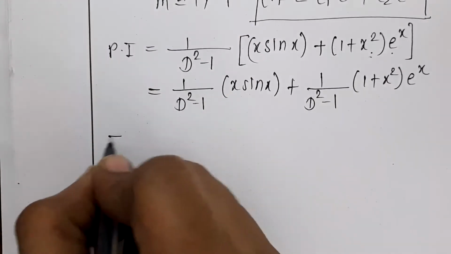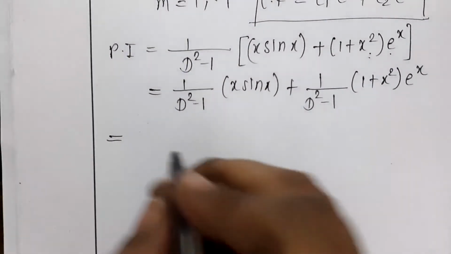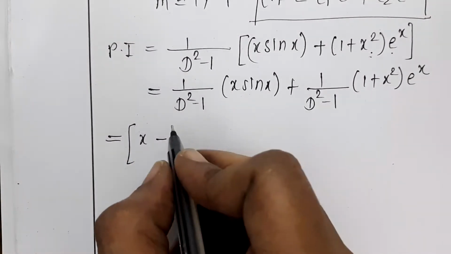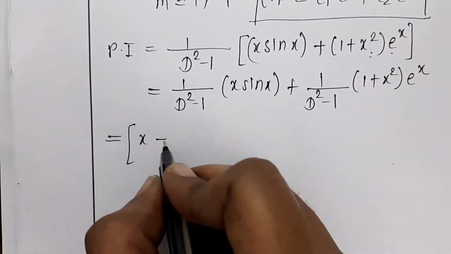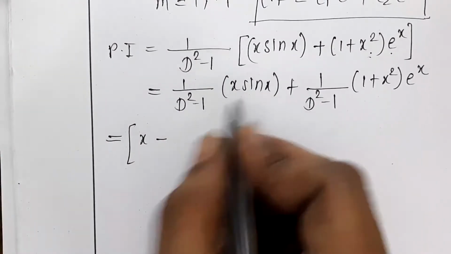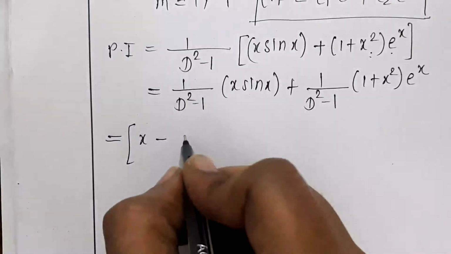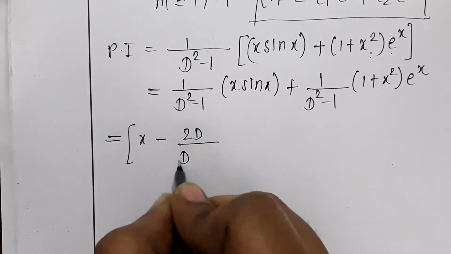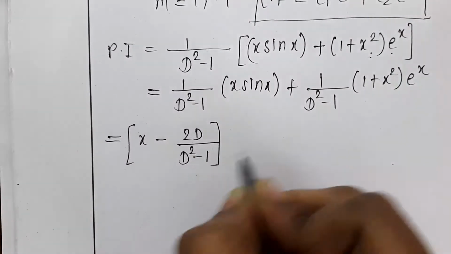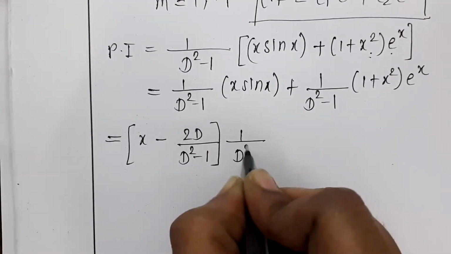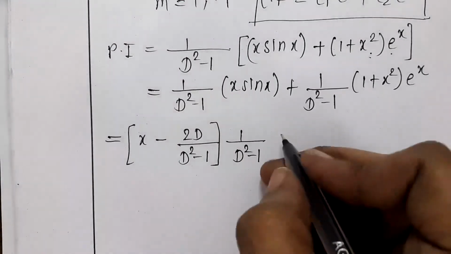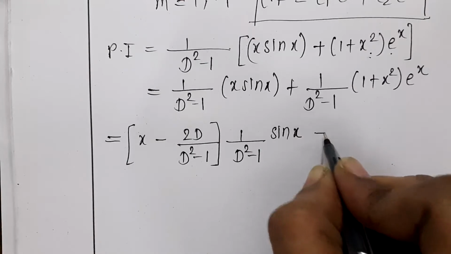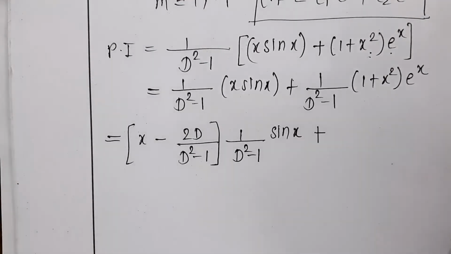So this is equal to 1 upon. Now what is case number 6? Case number 6 is x minus phi dash of d, that is 2d, divided by phi of d, that is d square minus 1, multiplied by 1 upon phi of d, that is 1 upon d square minus 1 into sin x, plus, what is case number 5?